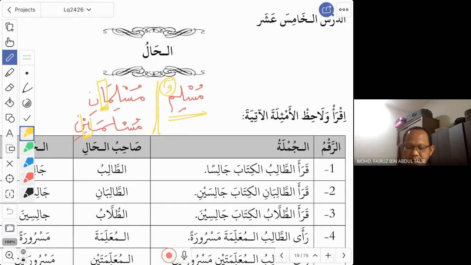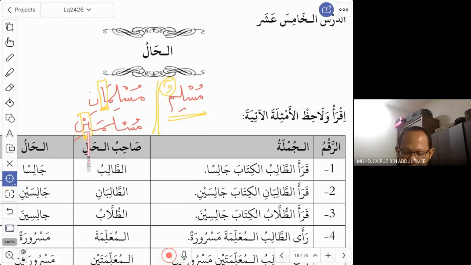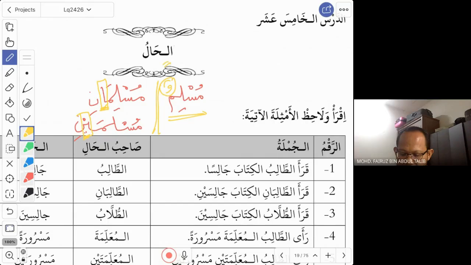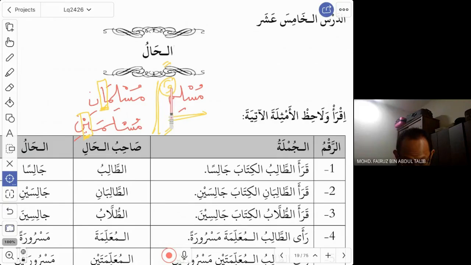So why is it that sometimes we use Muslimani with the alif, and sometimes we use Muslimaini? The reason is similar to why we say Muslimun, why sometimes you say Musliman, and why sometimes you say Muslimin. Muslimun is for marfu. Musliman is for mansub.